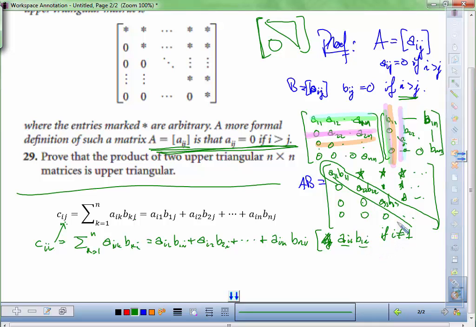So if i was equal to 2, yeah, it's the first one. If i is bigger than 1, like say i is equal to 2, then a_21, where 2 is bigger than 1, a_21 is going to be 0.